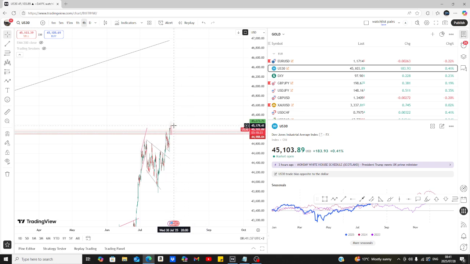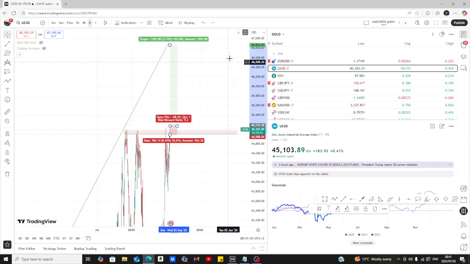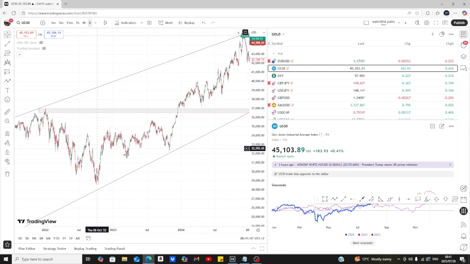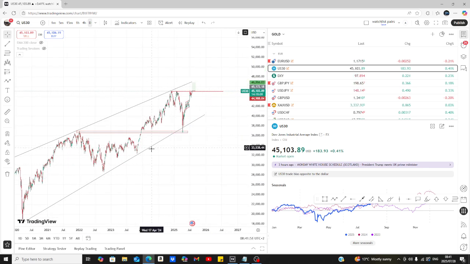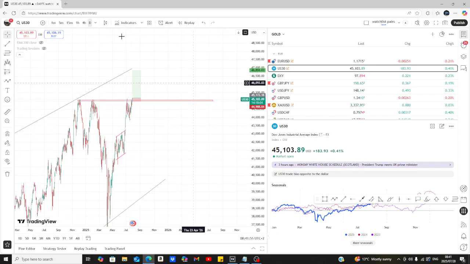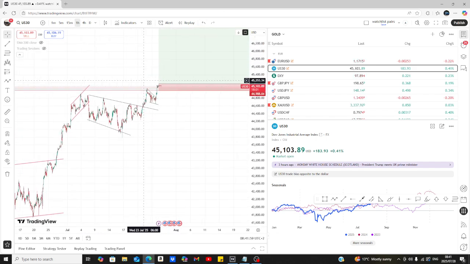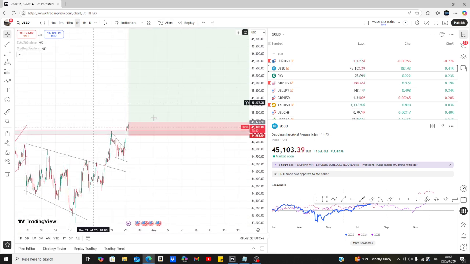So if you look at this, we have a long way until we get to the top of the channel, right? I can just switch to daily. As you can see, we are in this uptrend, and now we are looking to complete to the upside of this. Since this is quite a wide area zone, it will be quite smart to not have tight stops.